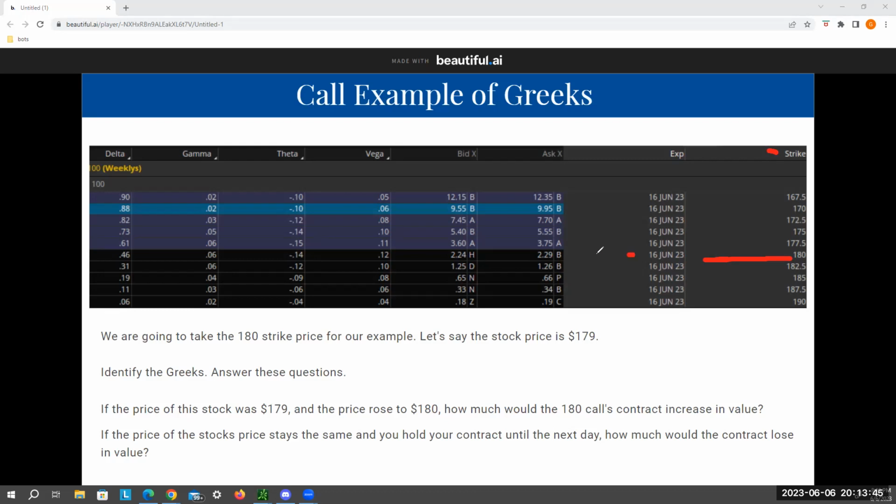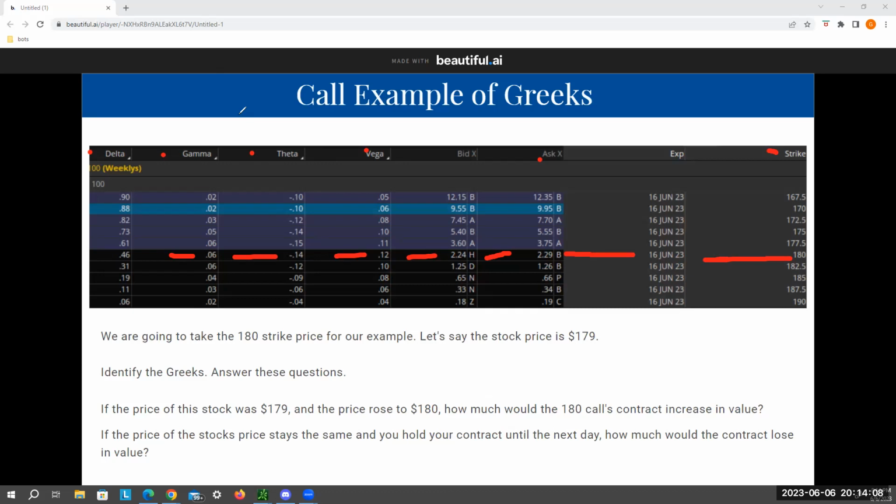I'll draw it completely so you guys don't get confused. These are all your components of your contract for the 180 call, right? This is your delta. This is your gamma, your theta, your vega. This is your ask. The bid doesn't matter because the ask is the price that you would pay if you were to purchase it at this very moment. Identify the Greeks, which I've already marked for you, and answer these questions.